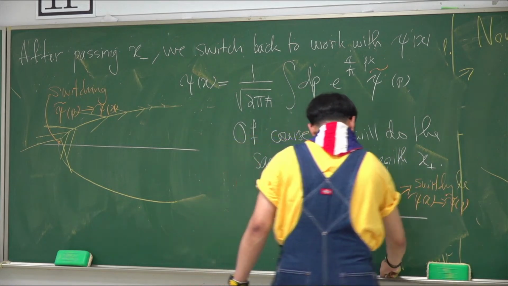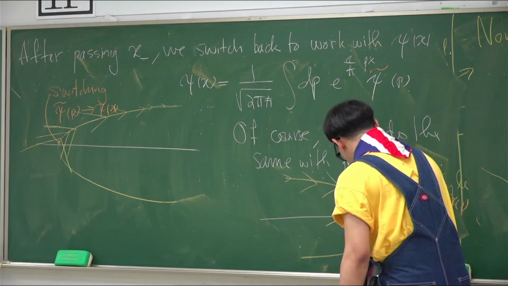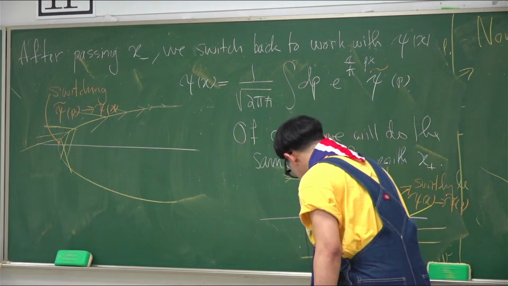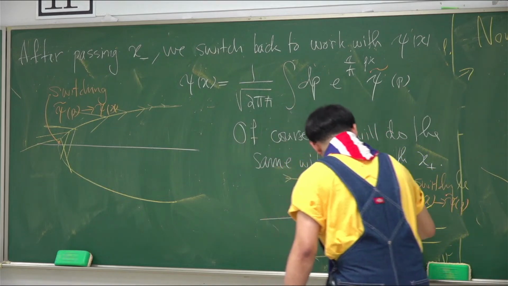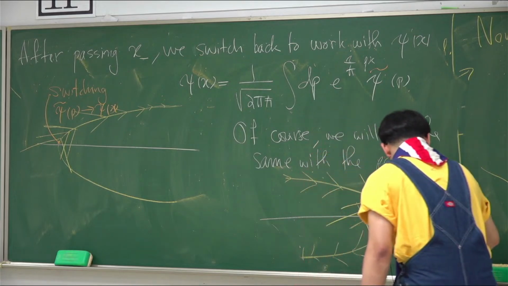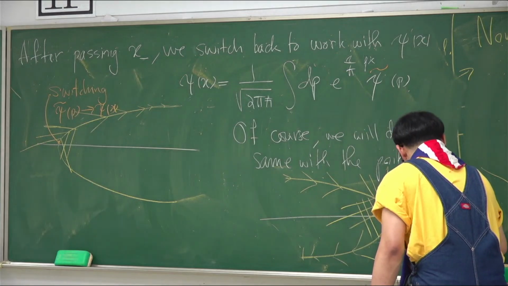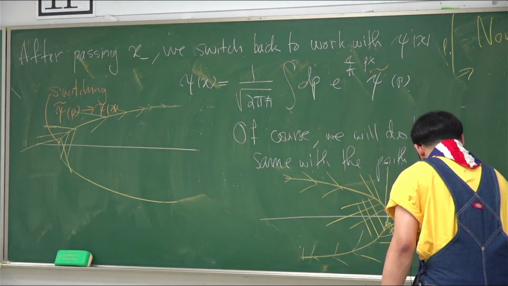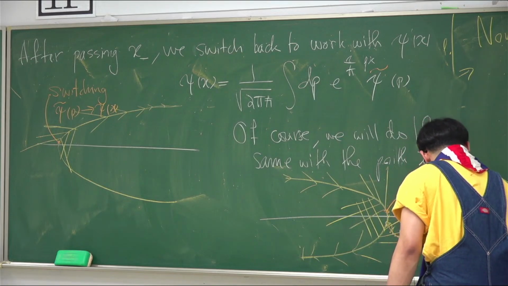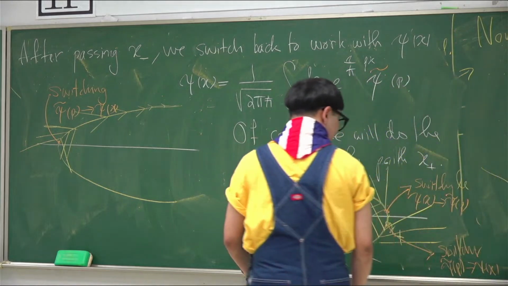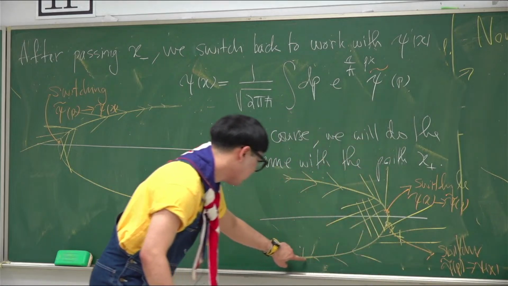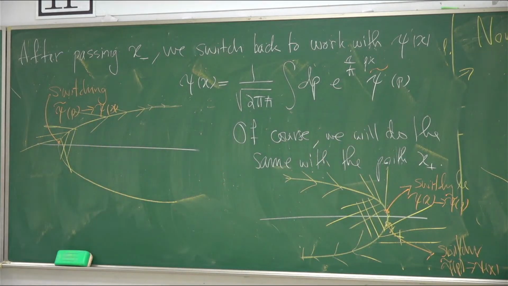And then after you get through, here you do switching again from p to x, right back, and then you just use this solution for the whole part until you get to that point again, right?